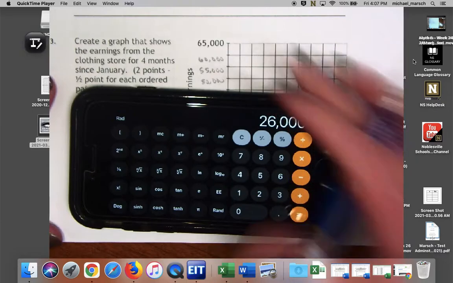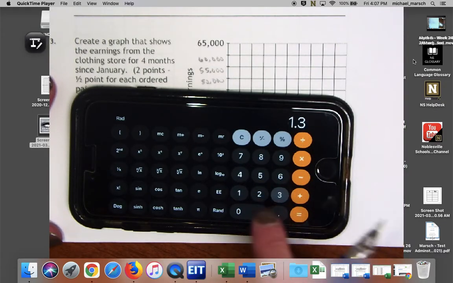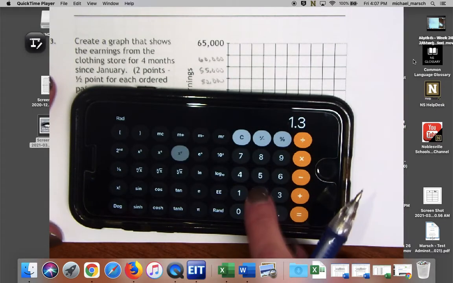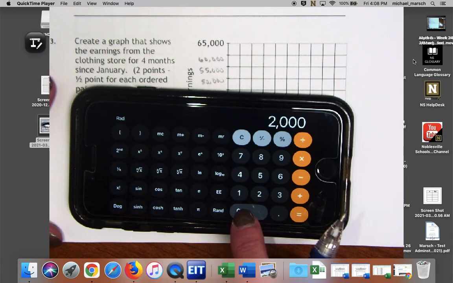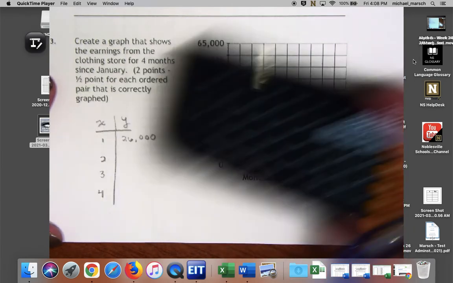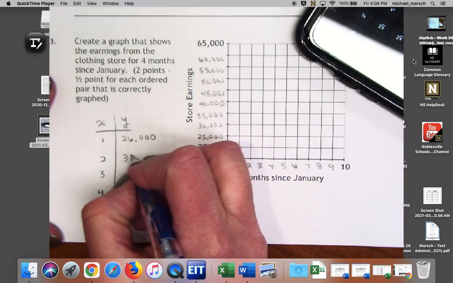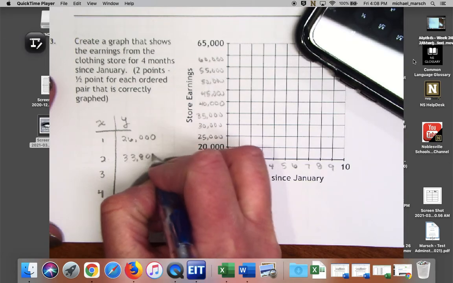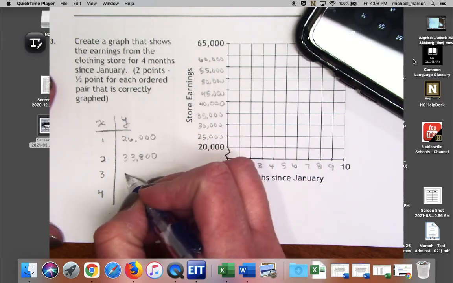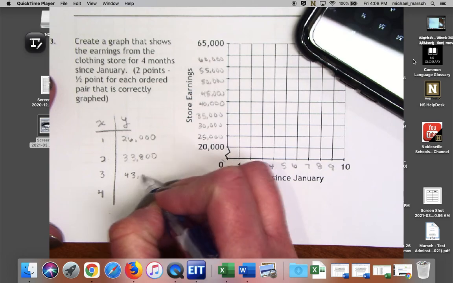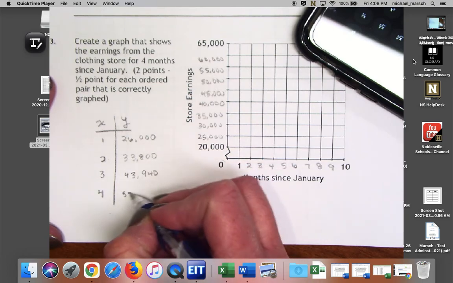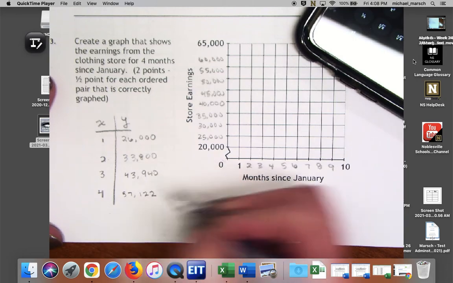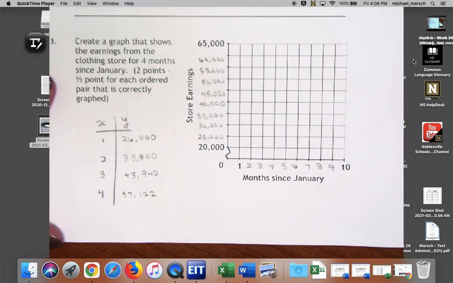Then for the next one, I would do 1.3, hit x to the y, put 2 for my value of t, and then I multiply times $20,000 again, and I get $33,800. Then for the third month, I get $43,940. And for the fourth month, I get $57,122 something or other. Just leave it at that.